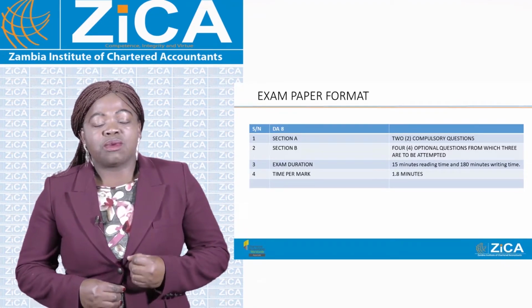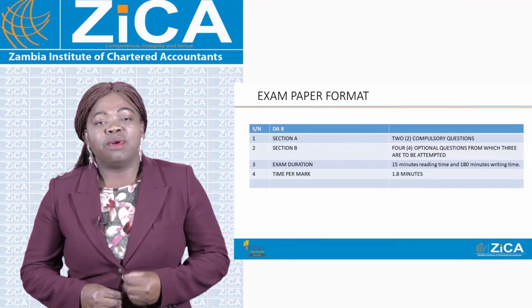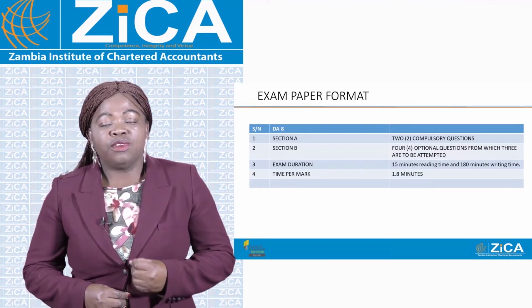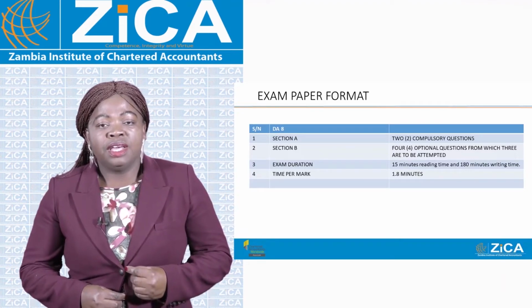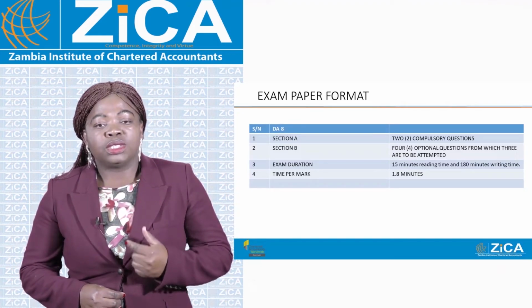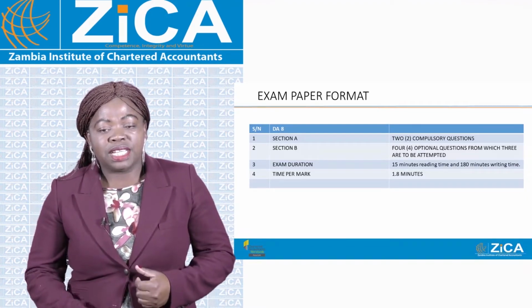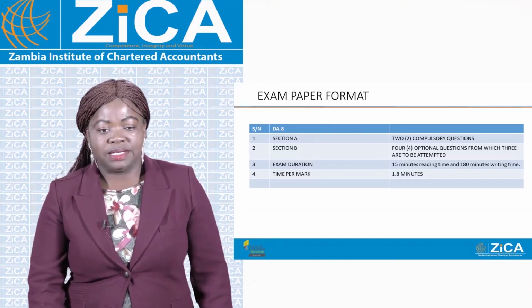If you are attempting a question that has 5 marks, you don't need to spend more than 9 minutes on it. So it's very important you follow this, and you will avoid a situation where you overspend your time in the exam on one particular question, disadvantaging yourself with other questions that are extremely important.